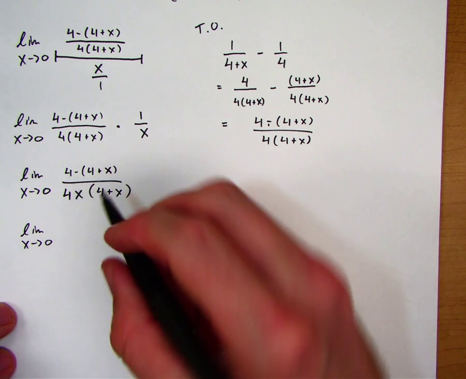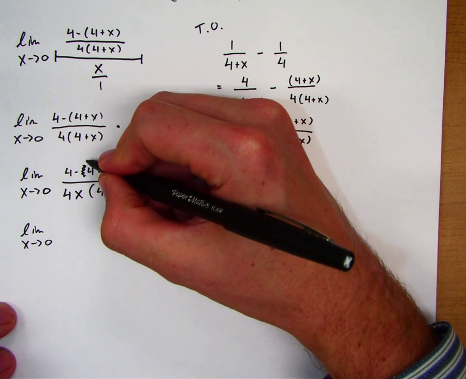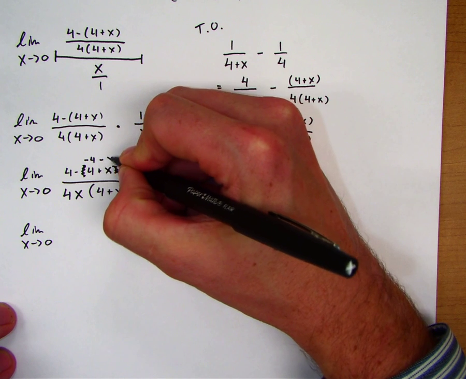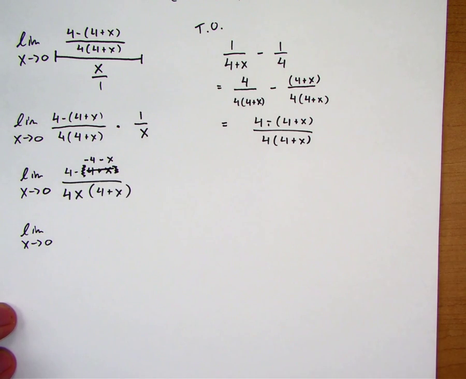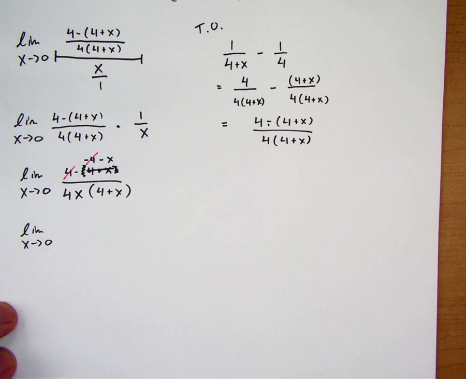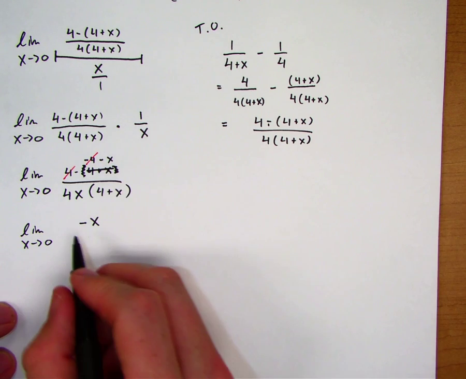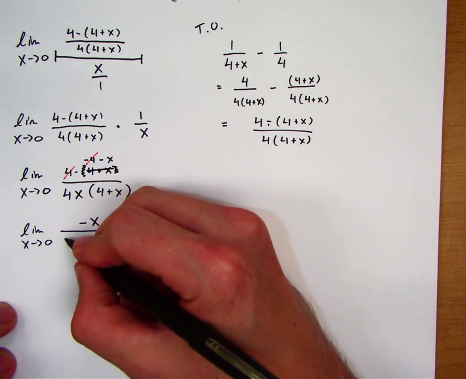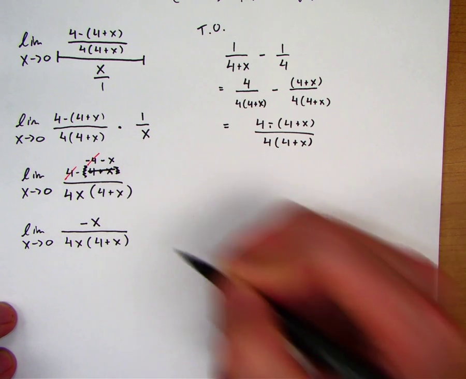When I simplify this, getting rid of the parentheses, this becomes a -4 and a negative x. So 4 minus 4, those cancel out, and what I'm left with up top is just a negative x divided by 4x times 4 plus x.